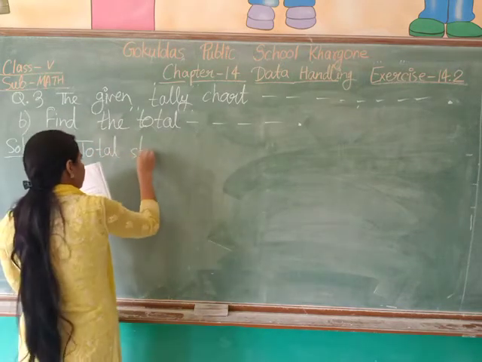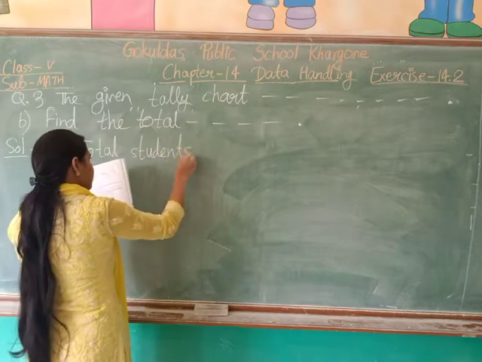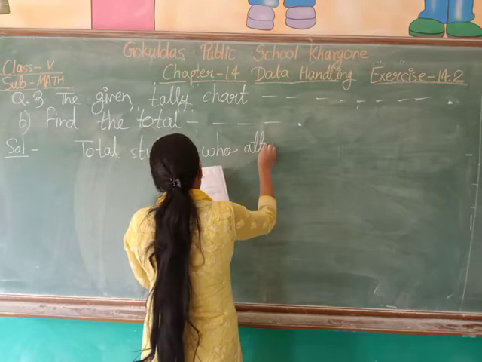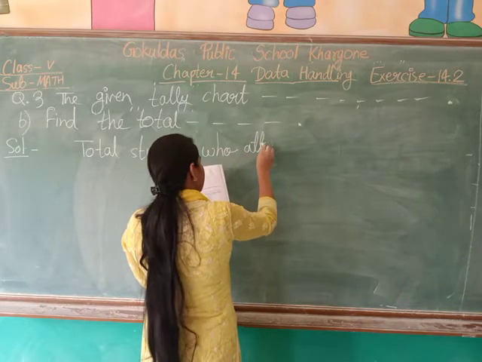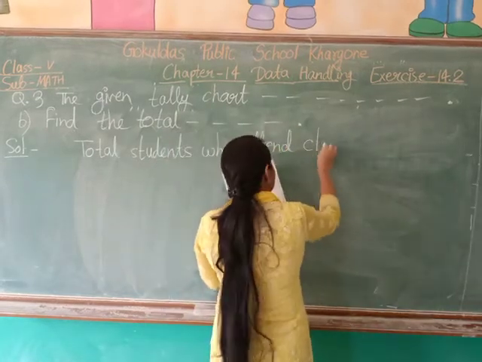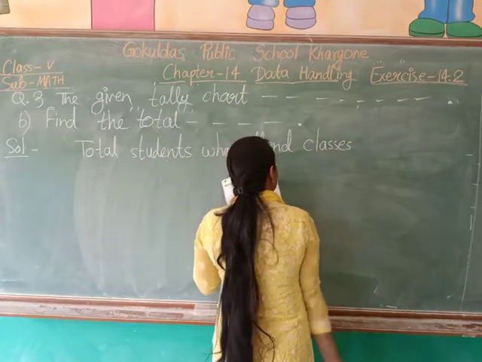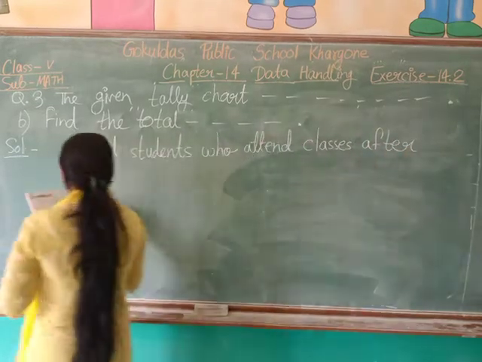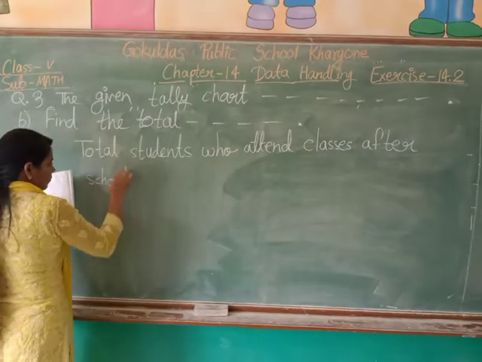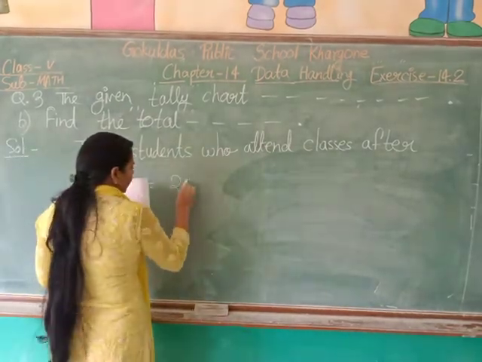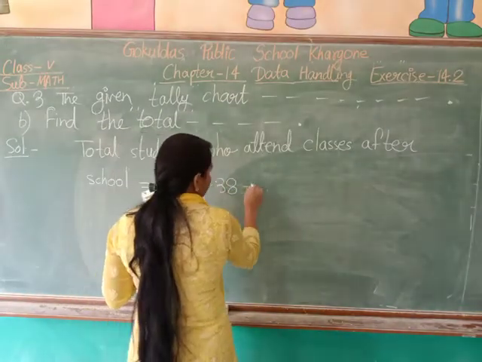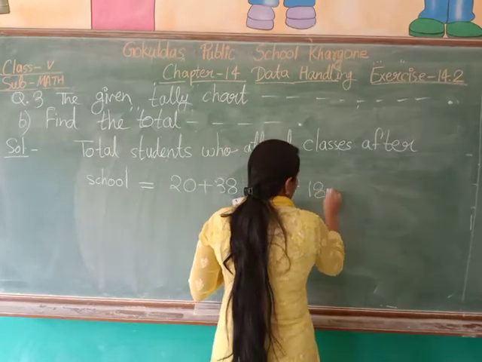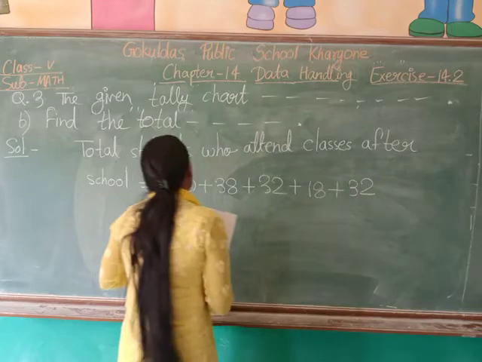Total students who attend classes after school will be equal to 20 plus 38 plus 32 plus 18 plus 32.